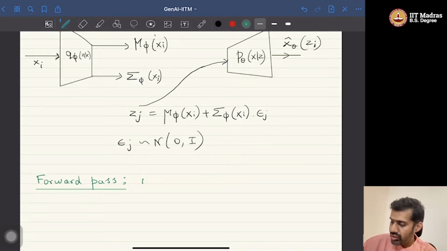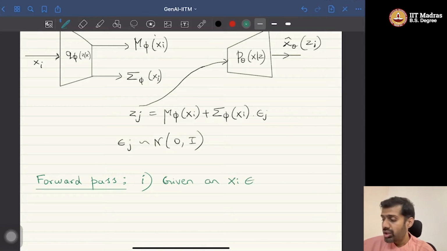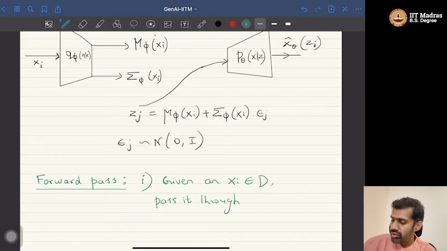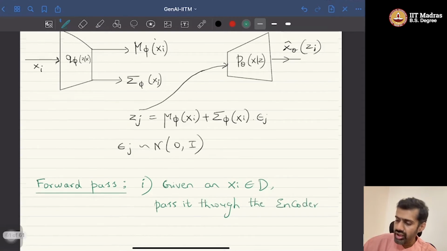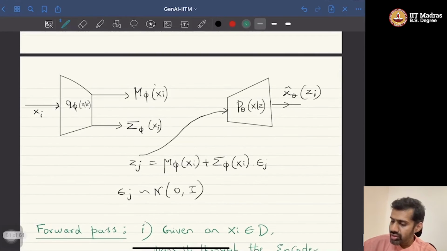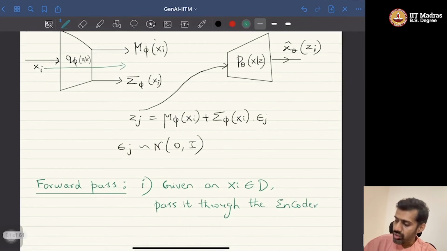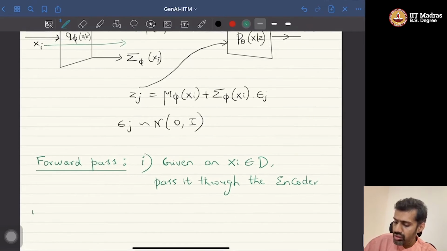First, given an xi, which is a data point from a dataset D, pass it through the encoder.